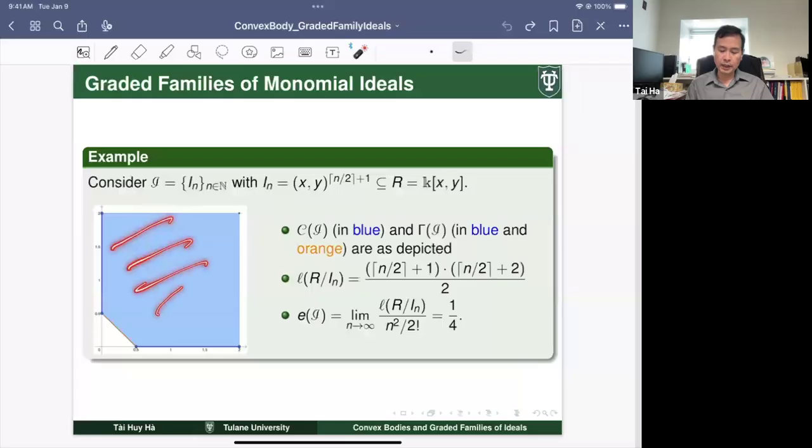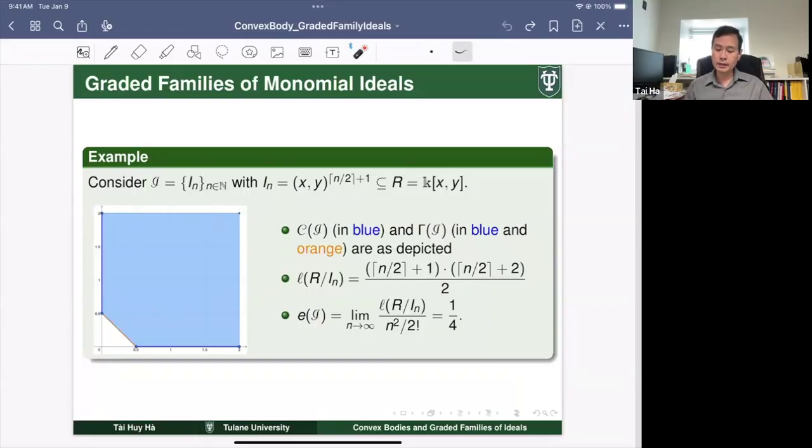So this blue part here is the limiting body without this line segment, and the Newton-Okounkov region in this case would be the whole thing. And one can compute quite easily that the length of R mod I_n is exactly the binomial coefficient ⌈n/2⌉+1 choose 2.